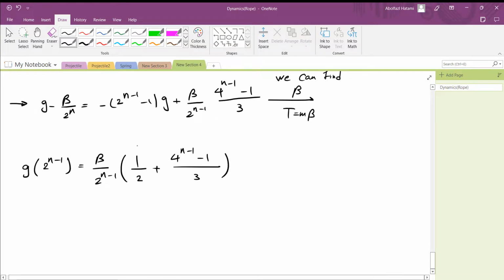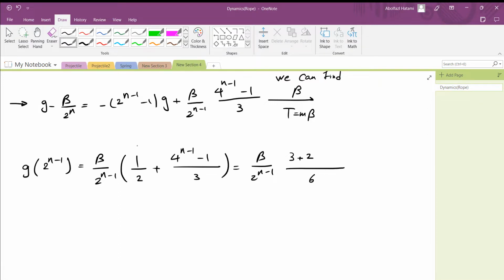So if I want to find beta, let me make a common denominator here. Beta divided by 2 to the power n minus 1, which is 2 times 3 is 6, and here we have 3 plus 2 times 4 to the power n minus 1 minus 2, which I can make 1.